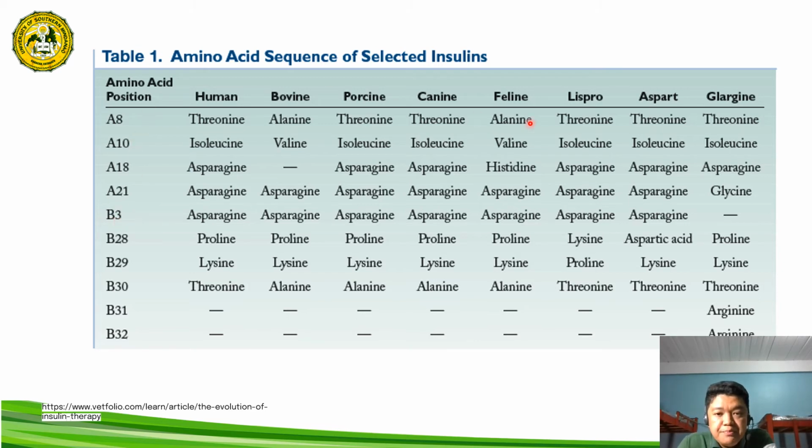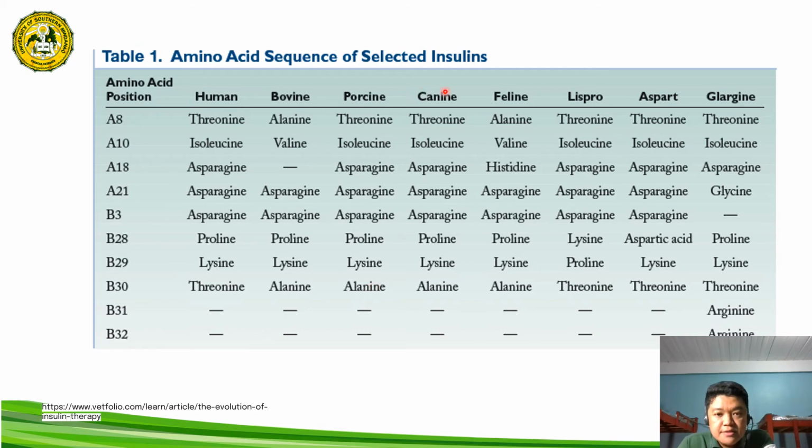So when we are going to compare these animal species, for example, human insulin is almost the same as that of pigs, but it only differs on the B30 amino acid.